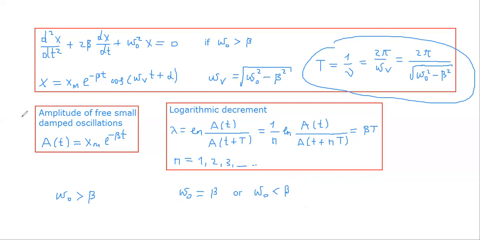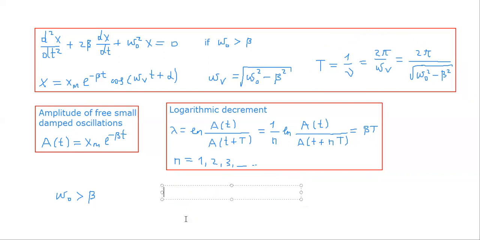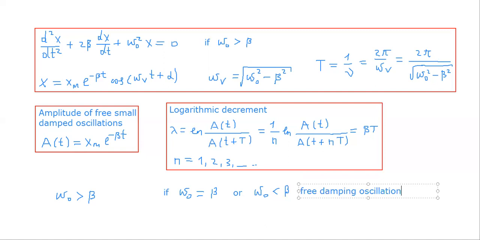So in this case, we can write that if this or this, free damped oscillations are impossible in these cases.